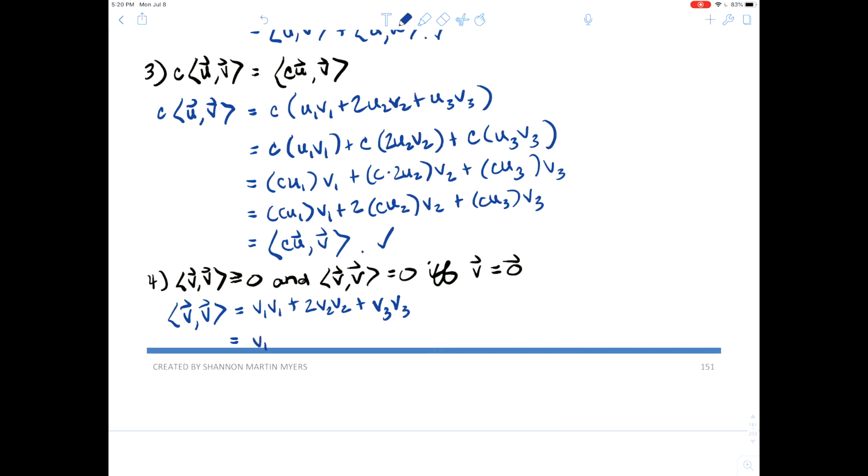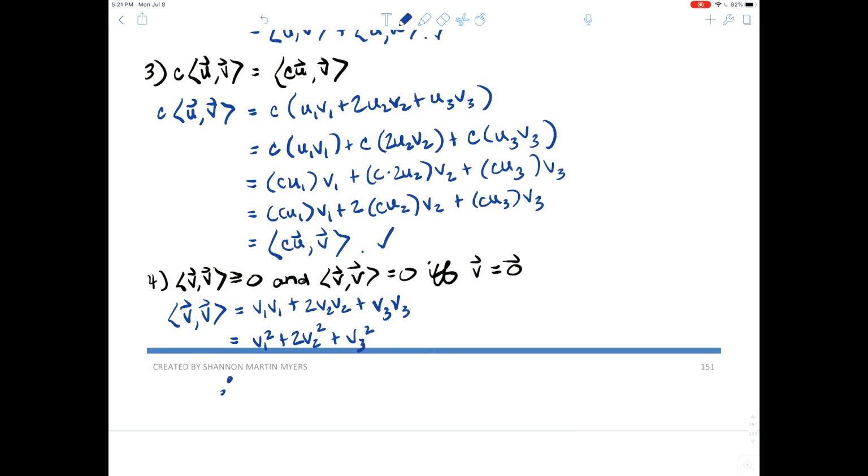What is that? v1 squared plus 2v2 squared plus v3 squared. Now, what do we know? All of these are being squared, right? So all of these have to be nonnegative.